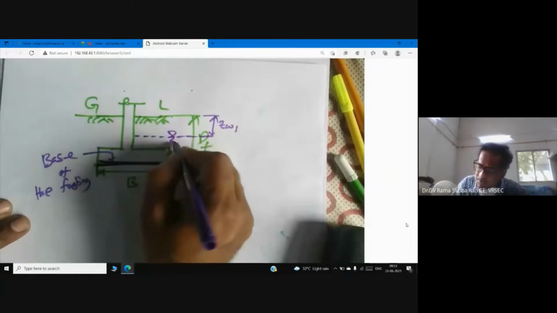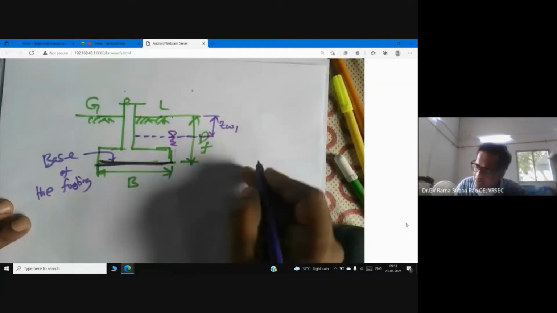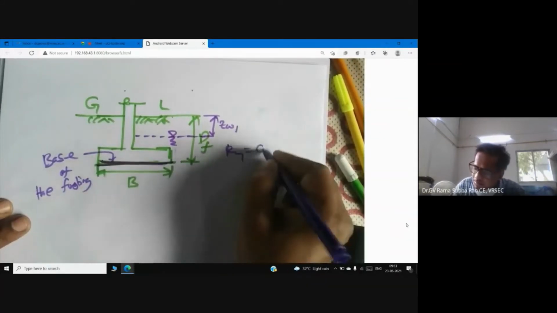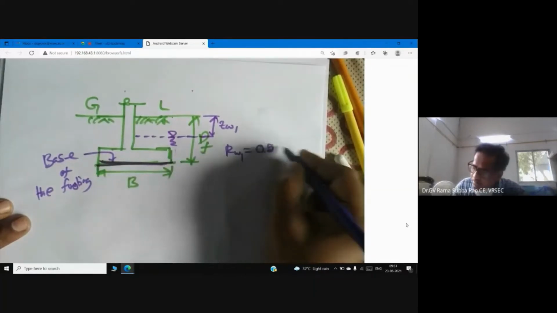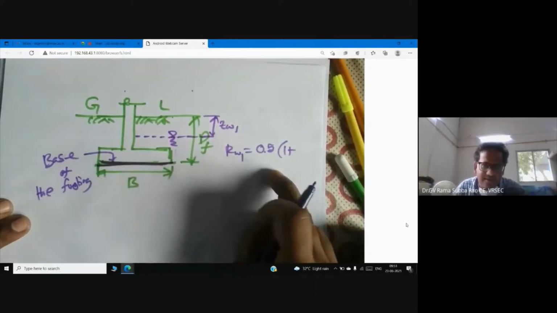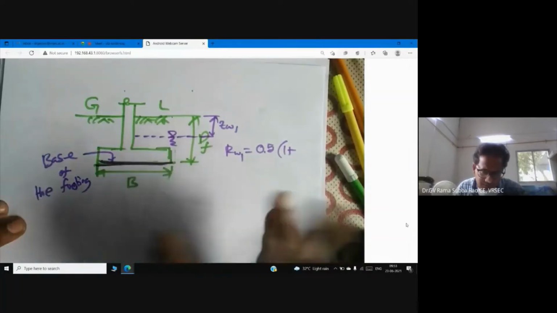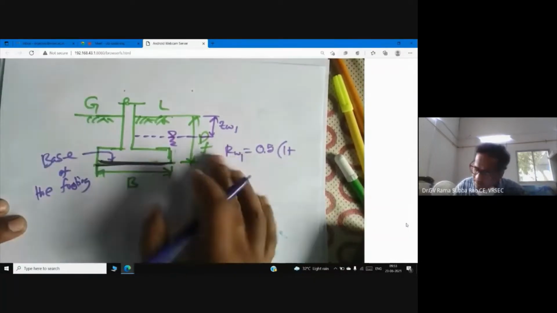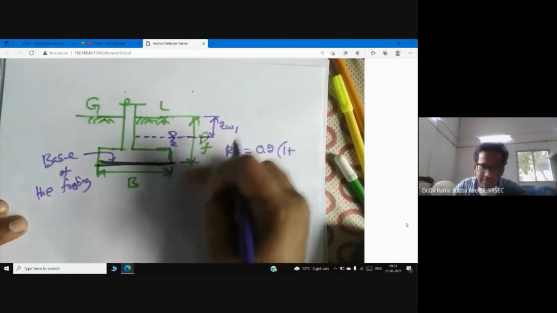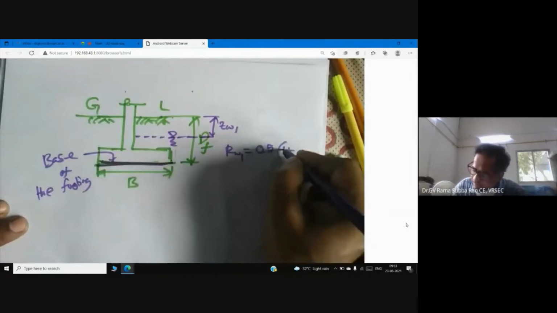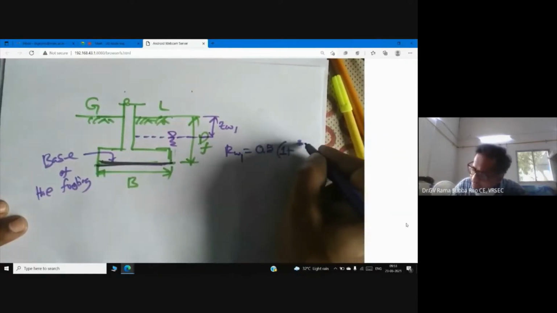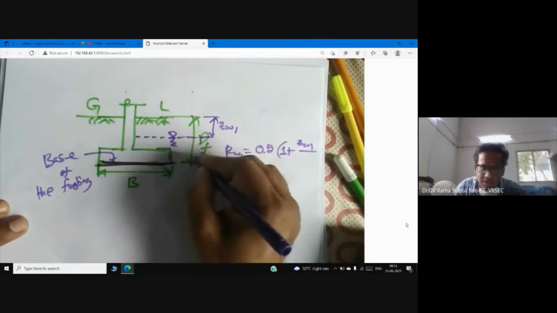This is the position of the water table. Now what is RW1? 0.5 (1 + ...). Actually this is an equation which shows interpolation. In mathematics, interpolation means the in-between value. I will try to explain, I am not in a hurry. ZW1 divided by Df.